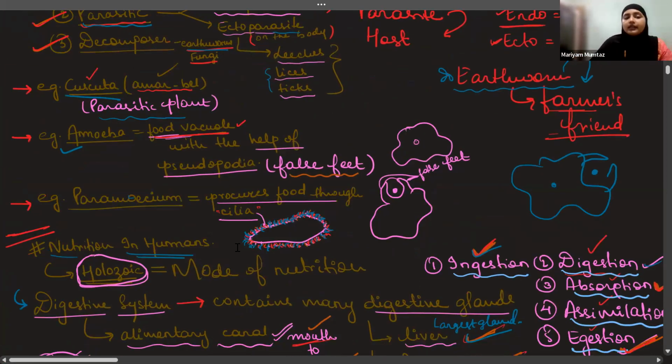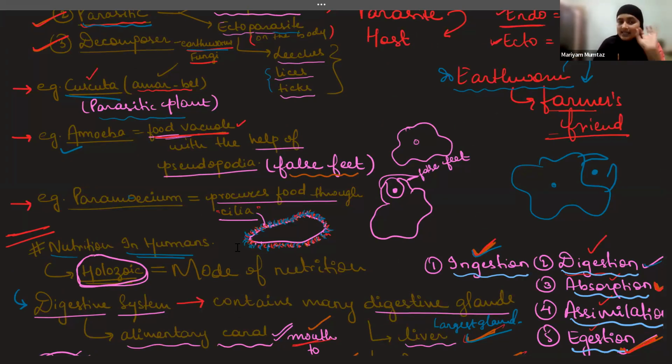Now, these were the three types of nutrition. Apart from that, we will also see certain examples which come under the heterotrophic mode only.